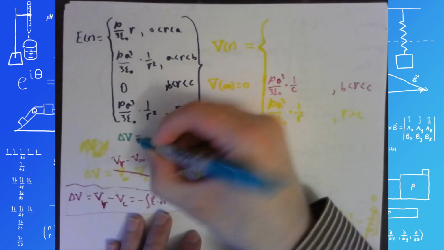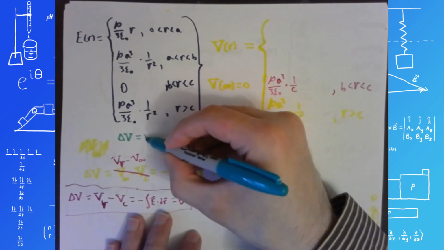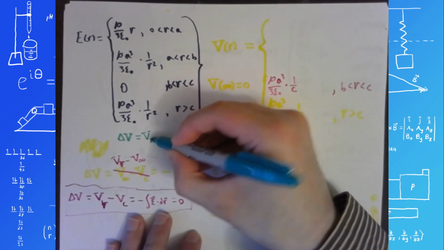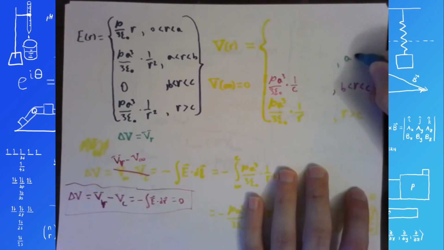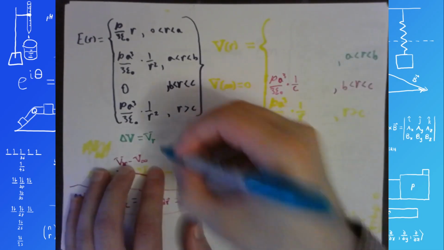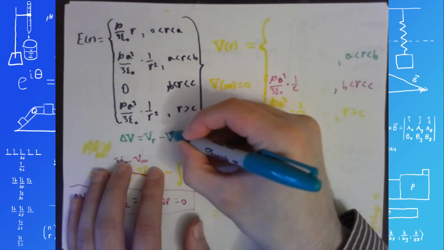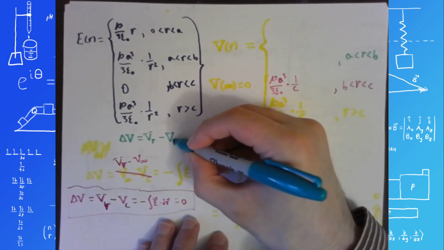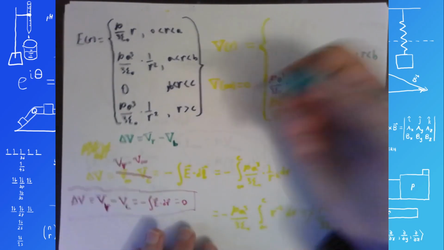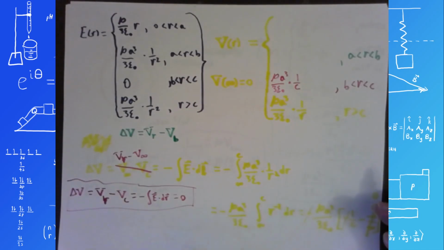So delta V is going to be V sub r, where r is between A and B now, minus V sub whatever the voltage is at, if we start from position B. Well, what's the voltage at B?